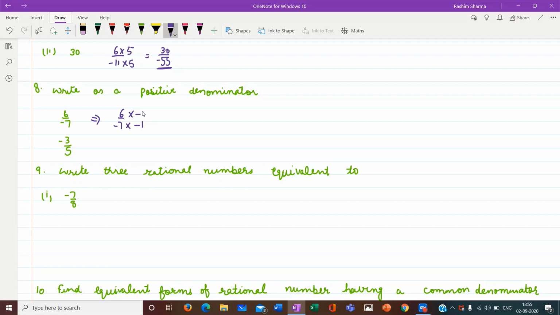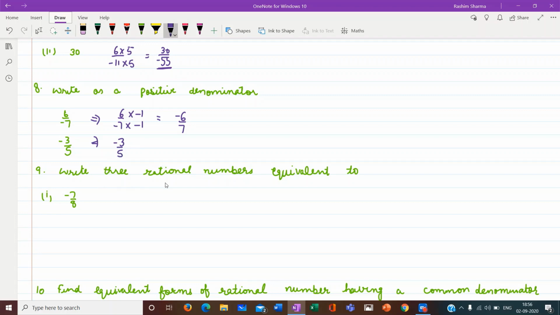So same minus 1 we will have to multiply with 6 also. So minus 6 on 7 is the positive denominator form. Alright. Then minus 3 on 5. It is already positive. So it will be minus 3 on 5 only.